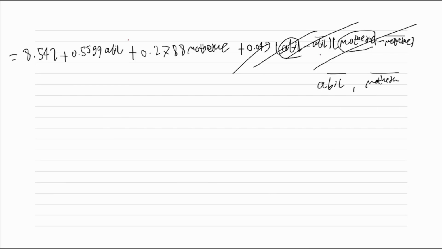So for someone with an average ability and an average mother education, an increase of 1 unit in ability will increase his education by 0.5599, and for another person also with average ability and average mother education, an increase of 1 unit in mother education will increase his education by 0.2788.